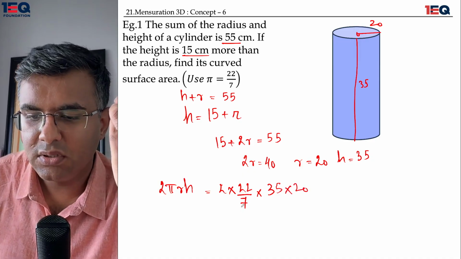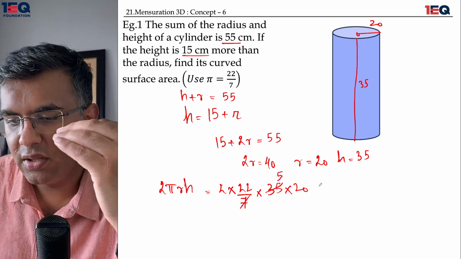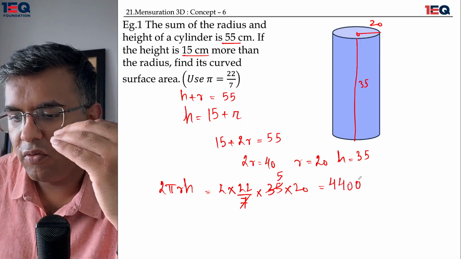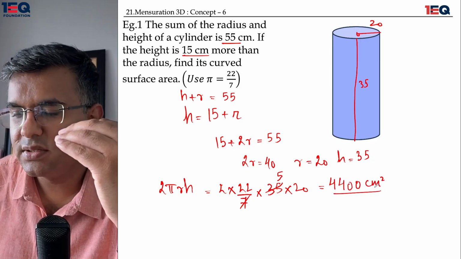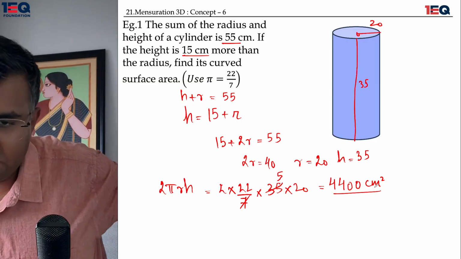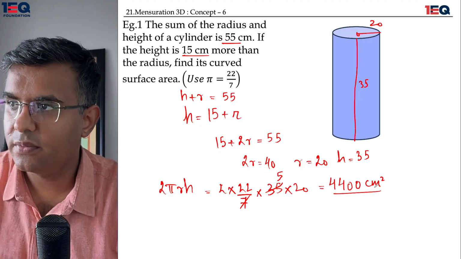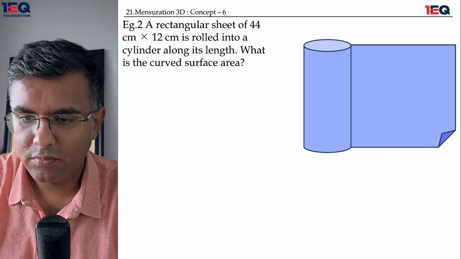This becomes 5, this becomes 100. My answer comes out as 4400 centimeters square. So this was the answer that I was looking for. Good enough? Let's move on.